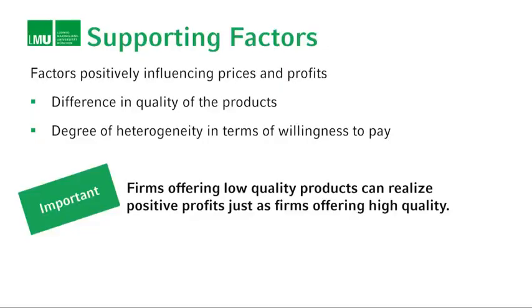Now, one very important implication is that firms that offer low-quality products can realize positive profits just as firms offering high-quality products. And let's take this down one step and think about what this means for business strategy. It means that in a market, you don't have to be the highest quality provider.